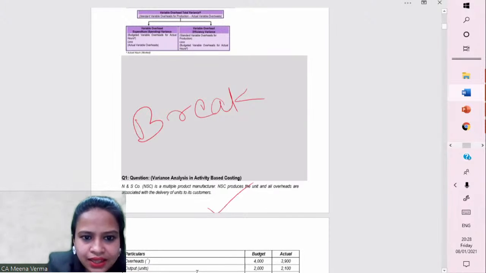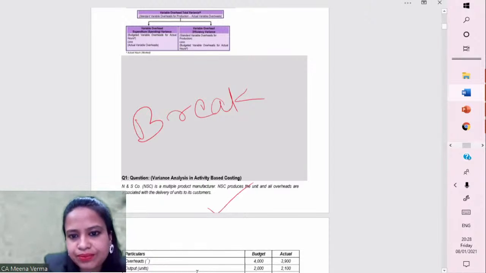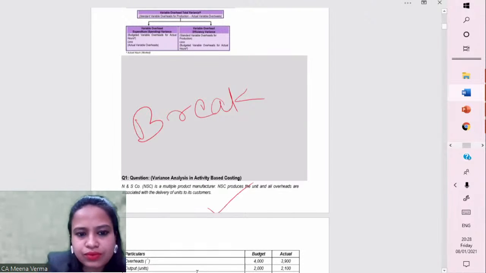It is the cost impact of paying more or less than the standard for the actual activity undertaken.